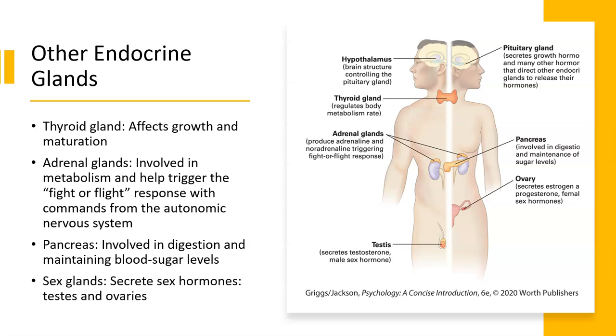And then finally there are the sex glands. In females, the ovaries, which secrete estrogens, the testes, which secrete testosterone. When you think about these sex glands, however, they are not the only source of these kinds of hormones.